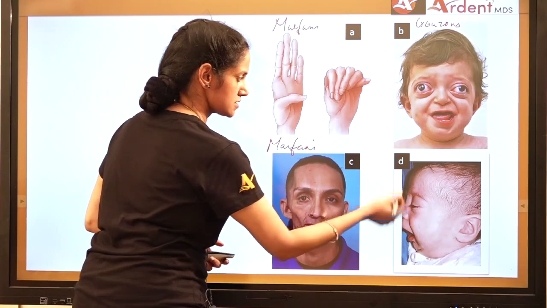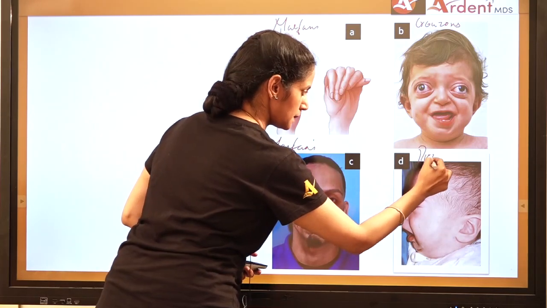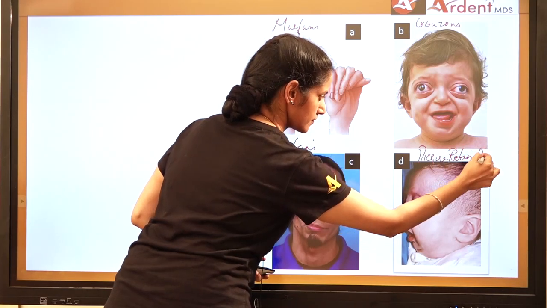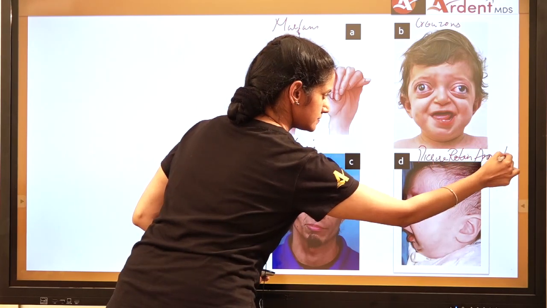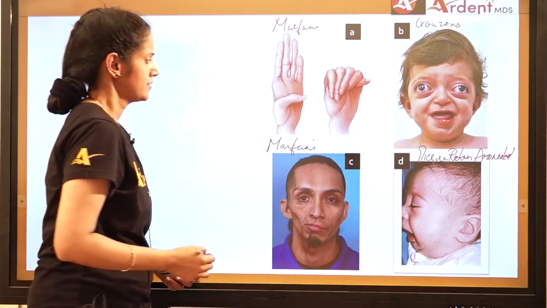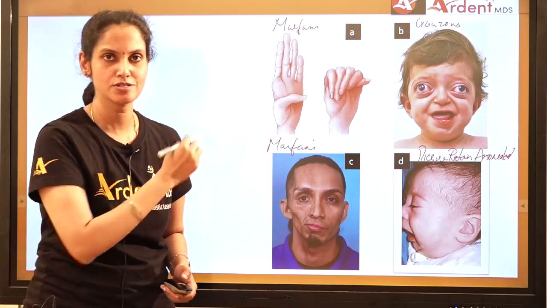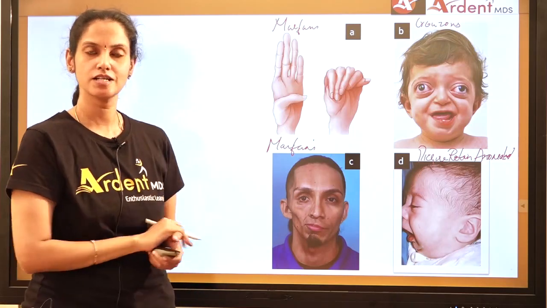And this was a question asked to us, which is Pierre Robin anomaly. So what is that subtle difference in the terminologies of all these three conditions?